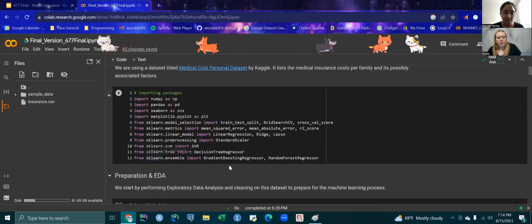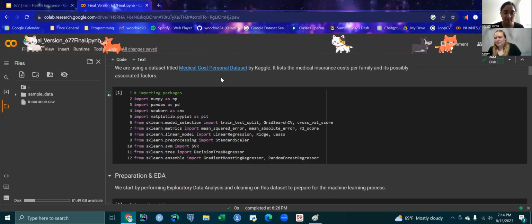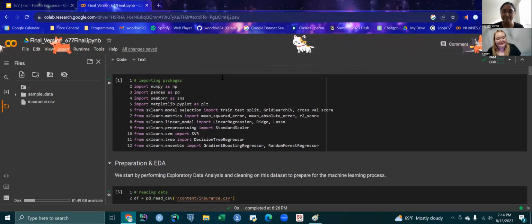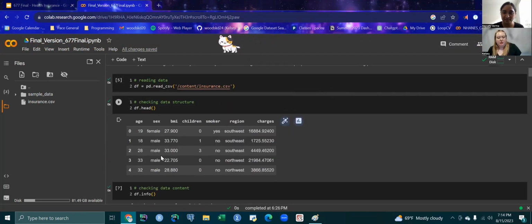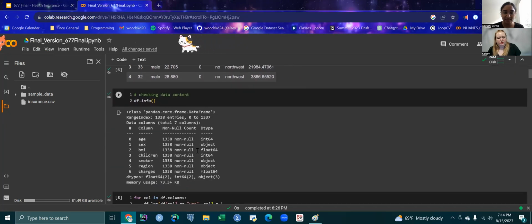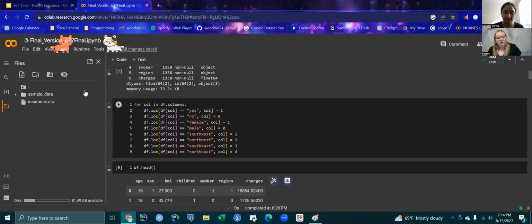We imported a lot of our packages at the beginning, just because we've done this before, we know what we needed. We imported the data and checked the data content. We also encoded everything one by one rather than one-hot encoding, because scikit-learn does not tend to like one-hot encoding very much.